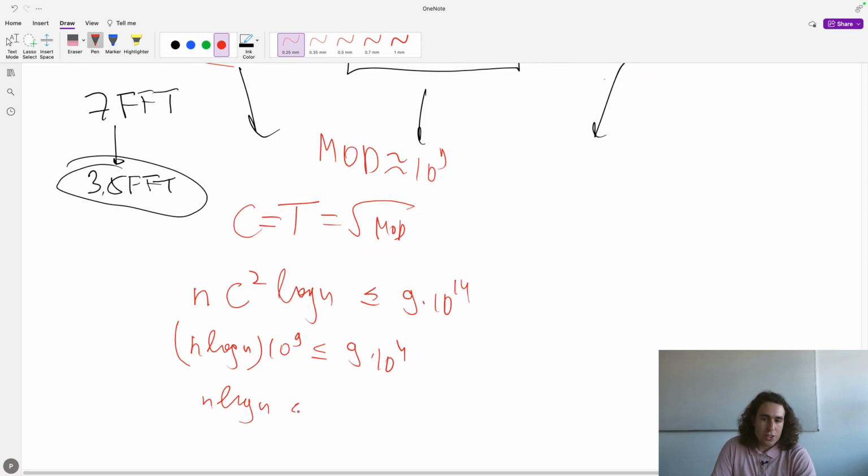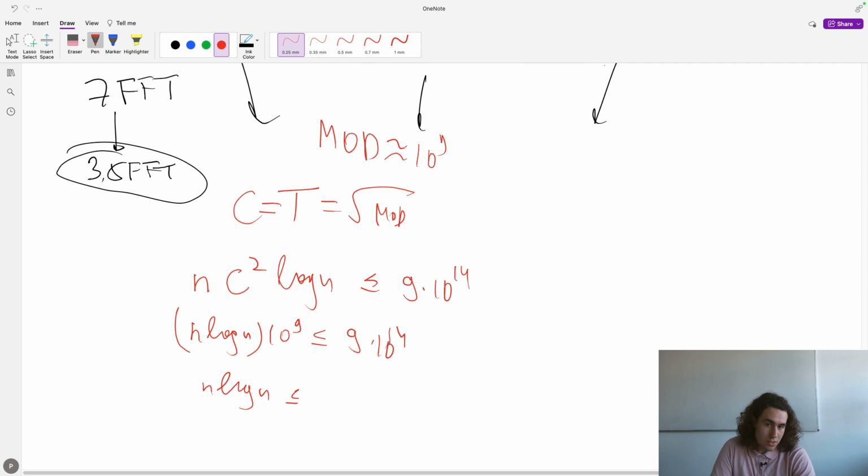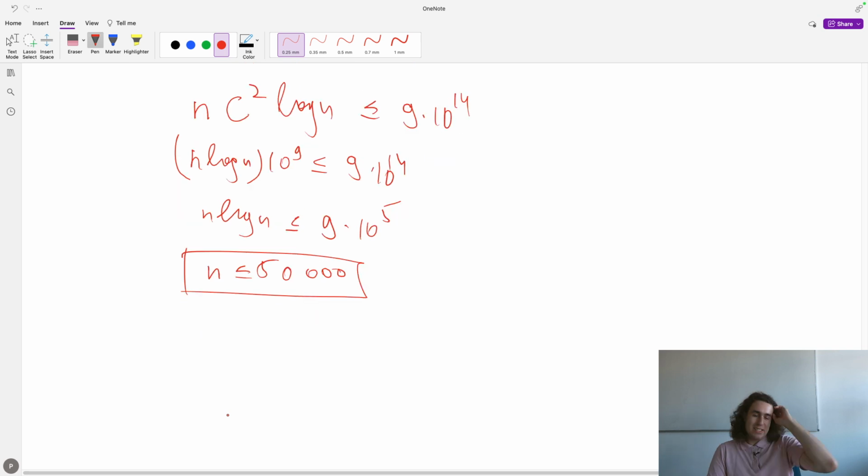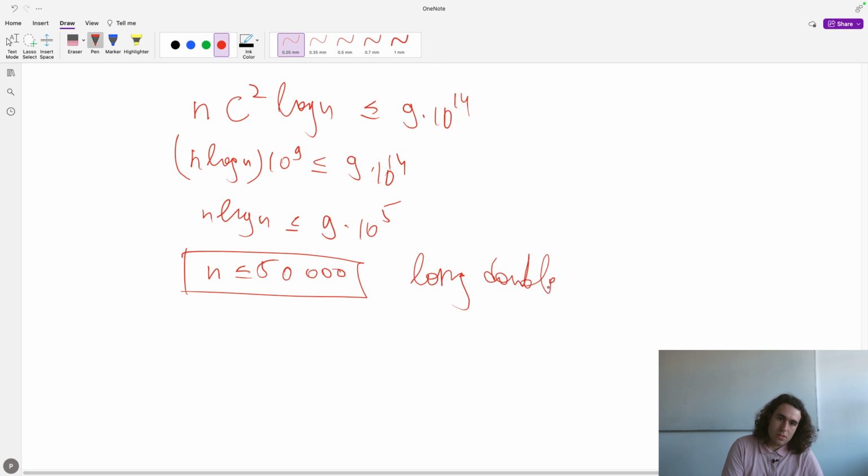So n log n should be at most 9 times 10 to the 5. This is okay for n at most 50,000. This is very bad, obviously, right? 50,000 is not such a large array. Probably we need multiply larger arrays modulo. So most of the time, when you are doing multiplication modulo, you probably need to use long doubles. And this is going to make your code even slower.